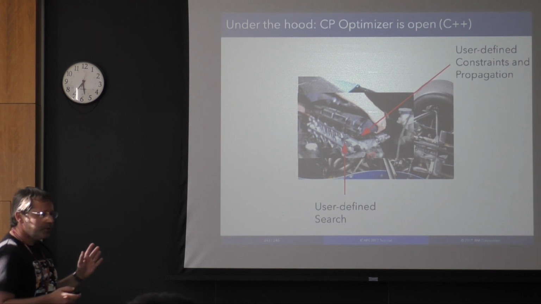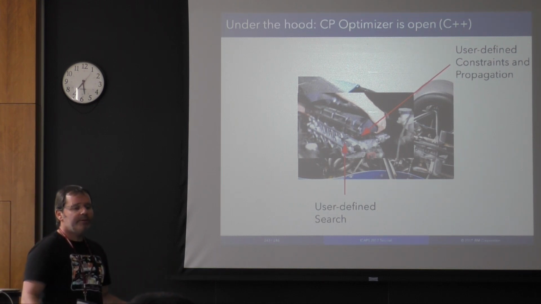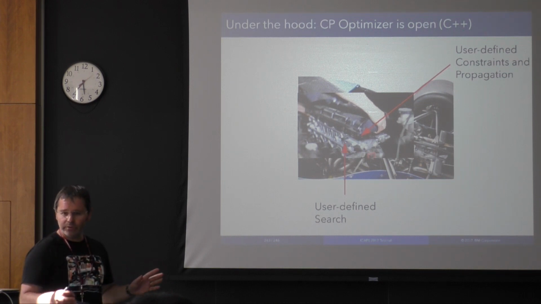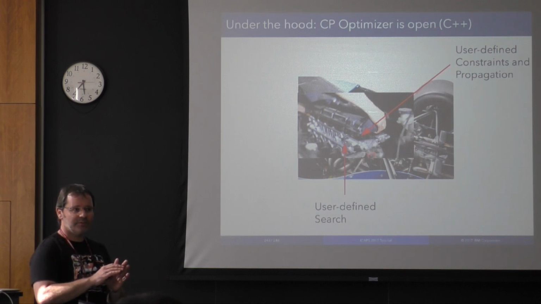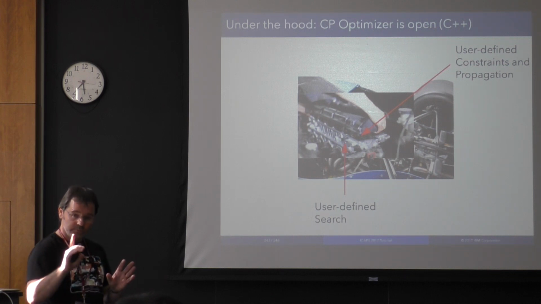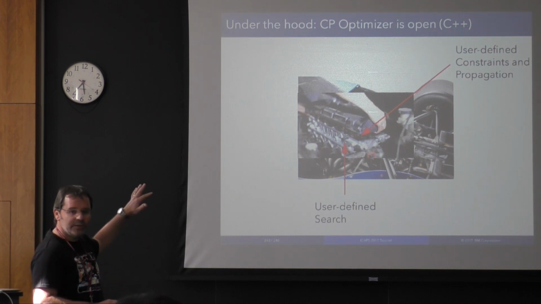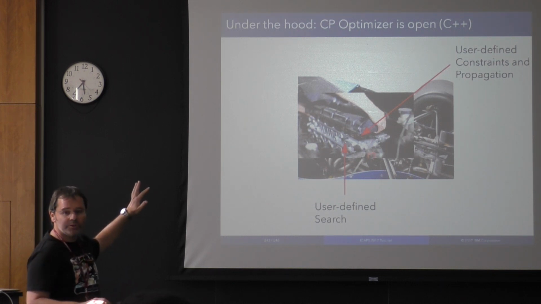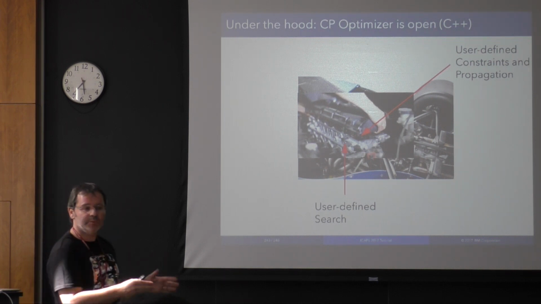One last thing is that if you're a big fan of CP, you probably like to write your own constraints or your own search. This is something we have completely abandoned doing for industrial projects, because the rest is much better and you get much better results much faster.